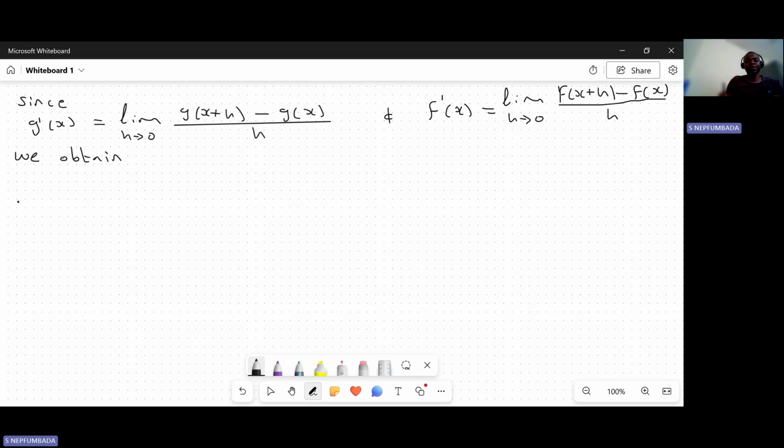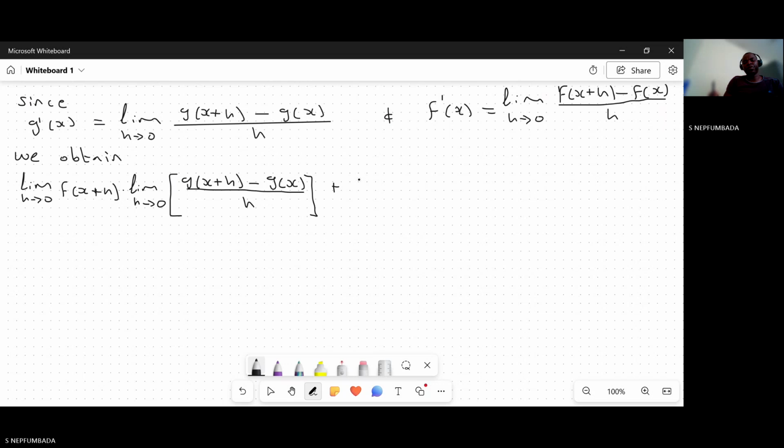So on that one, it means we're going to obtain the limit as h approaches 0 of f at x plus h, times the limit as h approaches 0 of g at x plus h minus g at x divided by h, plus g at x, times the limit as h approaches 0 of f at x plus h minus f at x divided by h.